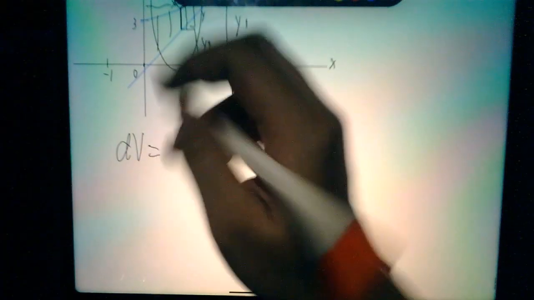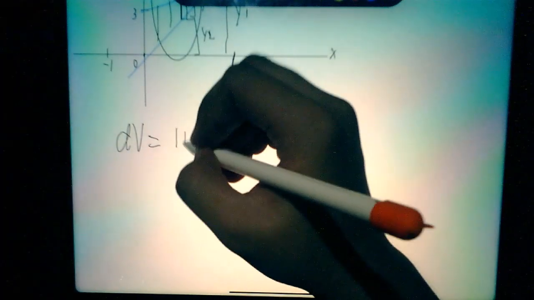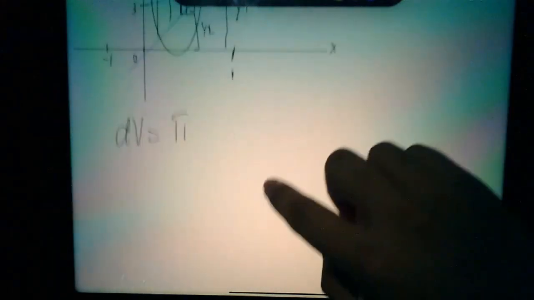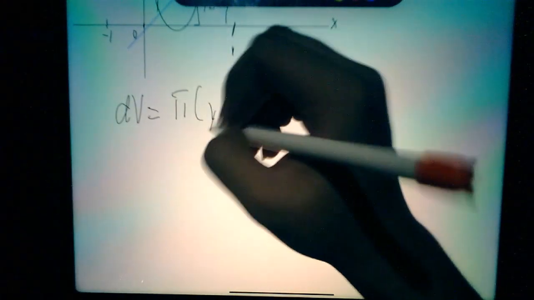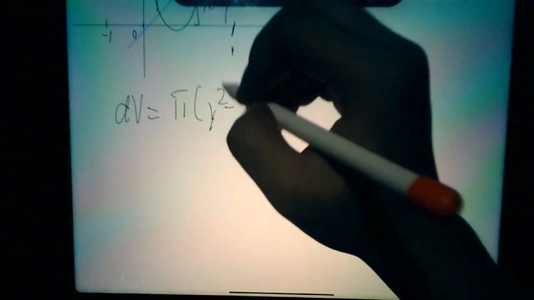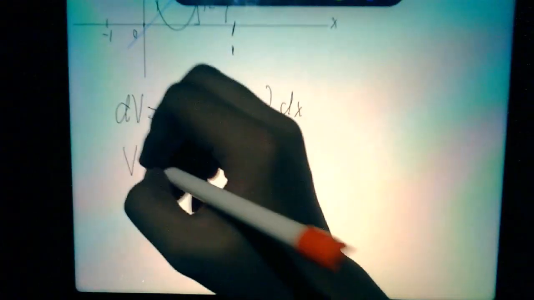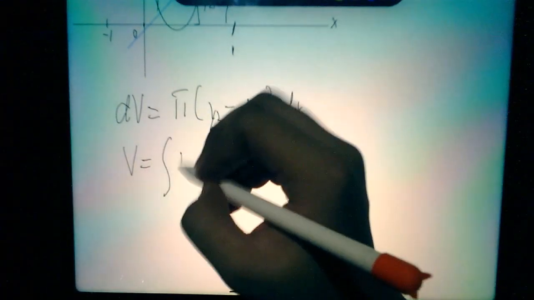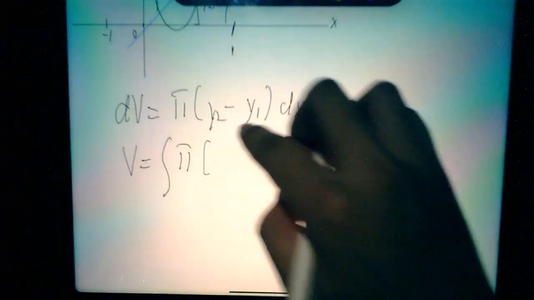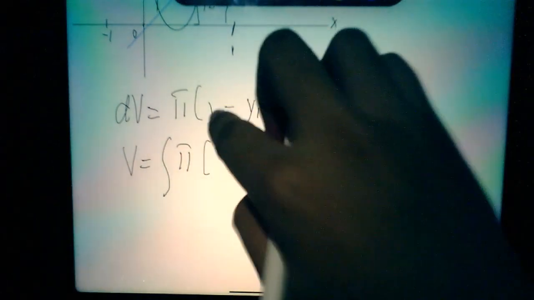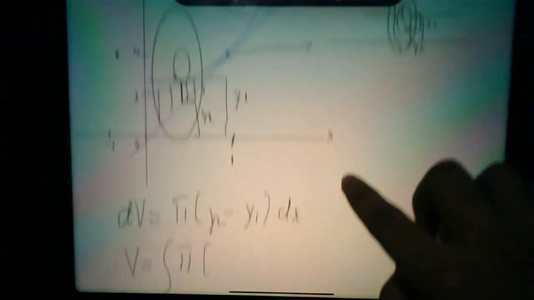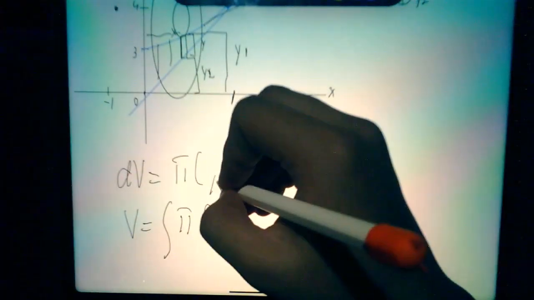So the differential volume is just equal to pi times y1 squared minus y2 squared dx. The volume integral is pi times, let's substitute y1 and y2.